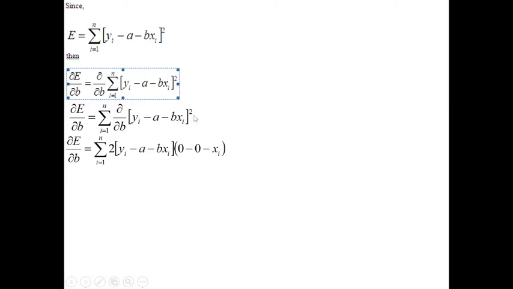Chain rule. Bring down 2. Then, copy yi minus a minus bxi. 2 minus 1 is 1. Derivative of the inside: 0 minus 0 minus x of i. 0 dahil with respect to b, a is constant, so 0 derivative.